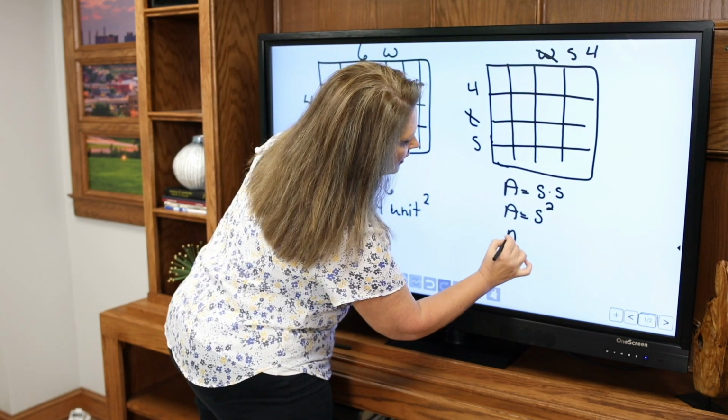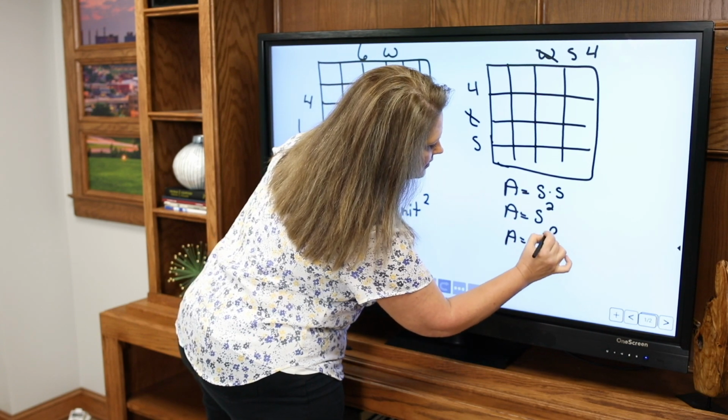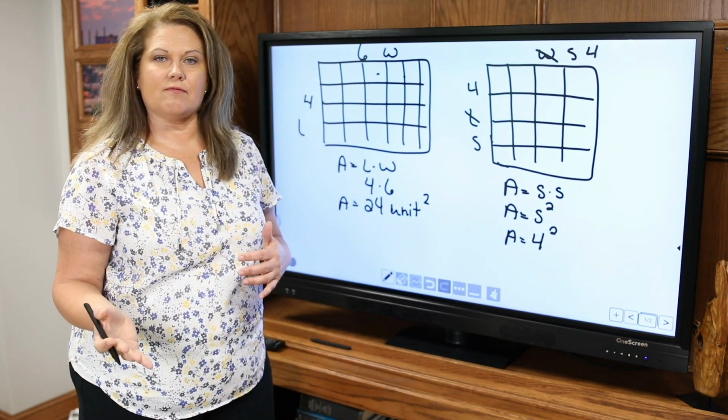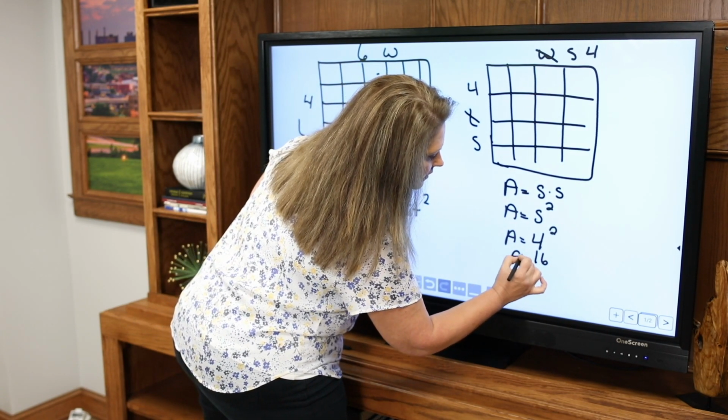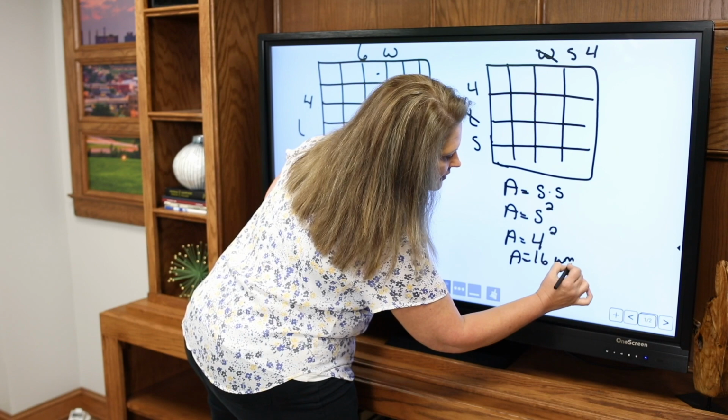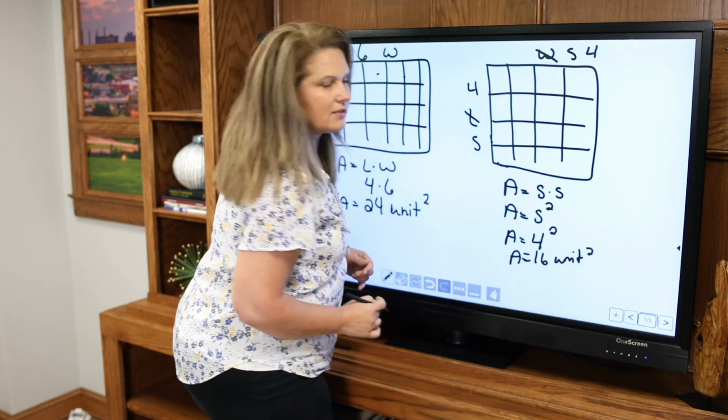I can come down here in our algorithm and say 4 squared, or 4 times 4, and that's going to be 16. And so that's 16 units squared.